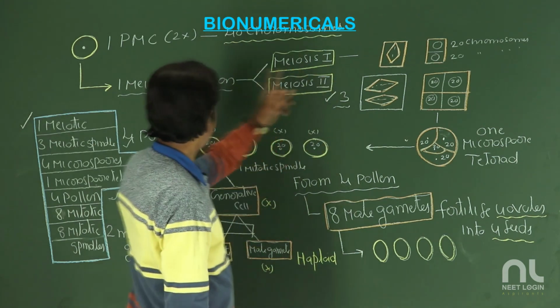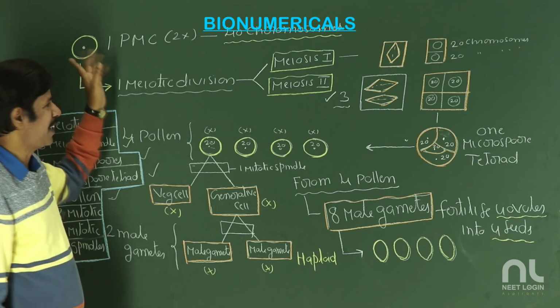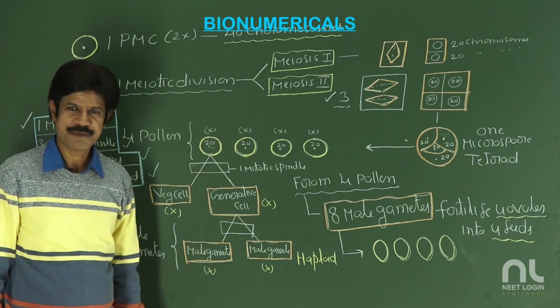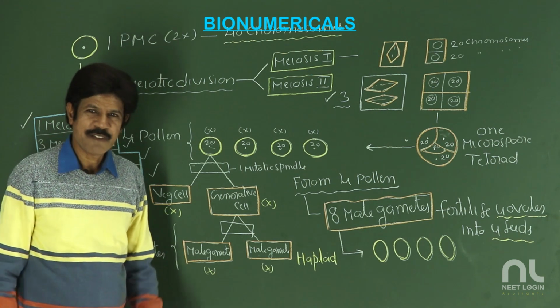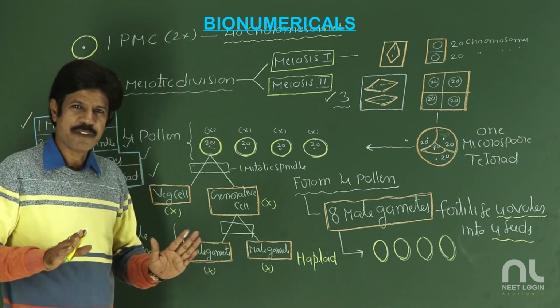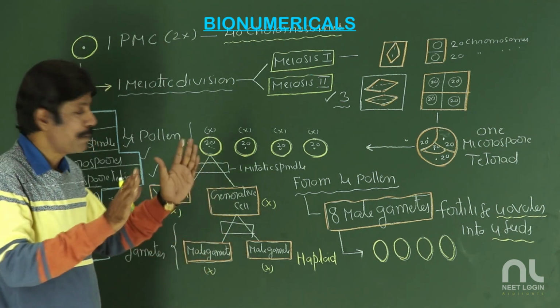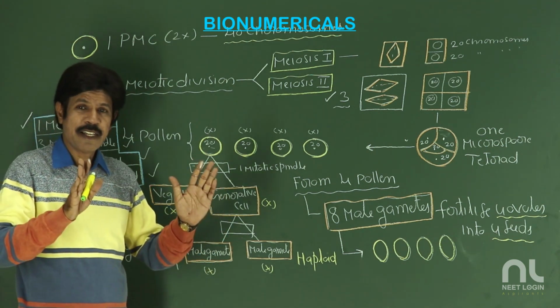How many meiotic divisions? 1 meiotic division. How many pollen mother cells? 1 pollen mother cell. The simple chart from the paternal side: number of reduction divisions, number of mitotic divisions, number of spindles formed from the paternal side, that is the male side.